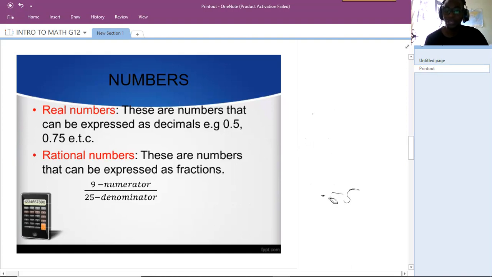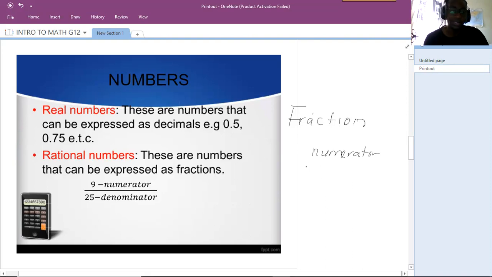By the way, you have to learn how to add fractions, divide fractions, and multiply fractions. A fraction has to have two components. It has to have a numerator. Know these definitions. A numerator, which is above the fraction.